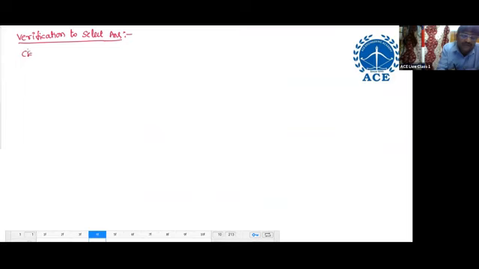Don't take the sign common, take it as it is. So what is G(s)H(s)? It is K(1 minus s) by s(s plus 1). Now the characteristic equation: 1 plus G(s)H(s) equals 0. That means 1 plus K(1 minus s) by s(s plus 1) equals 0.